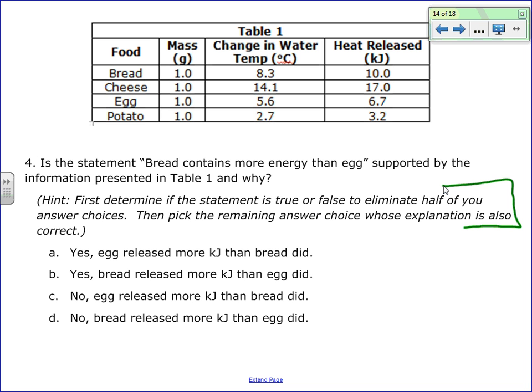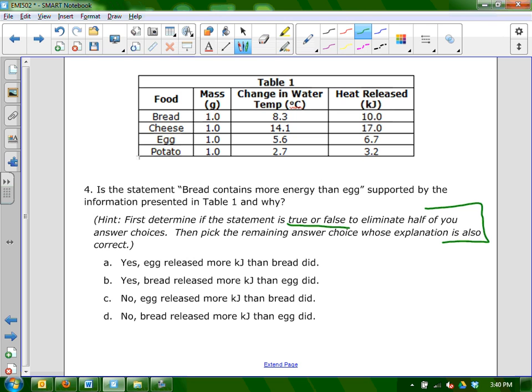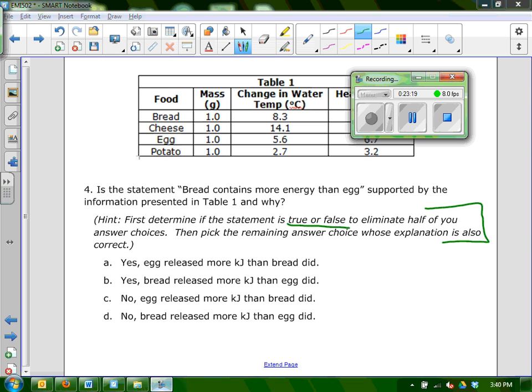You first determine if it's true or false, which allows you to eliminate half of the answer choices all the time. If you figure out the statement is true, you can cross out all the no's. If you figure out the statement is false, you can cross out all the yeses and then just work from there and you only have 2 choices and then figure out which one's right. If you're at home, press pause now, press play when you're ready to go through the answers.